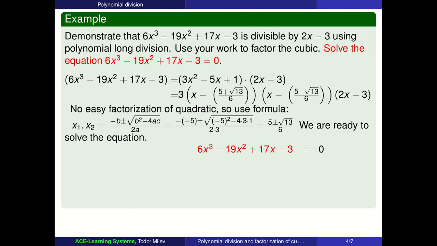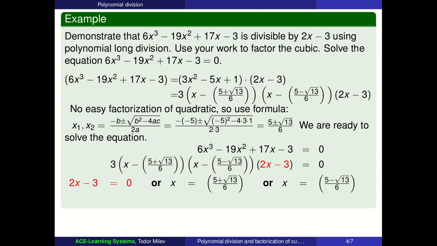Now we already have a factorization, so let's use it. We get that 3 times (x minus (5 plus radical of 13) over 6), times (x minus (5 minus radical of 13) over 6), times (2x minus 3) equals 0.